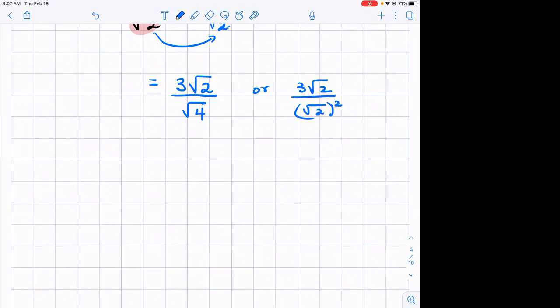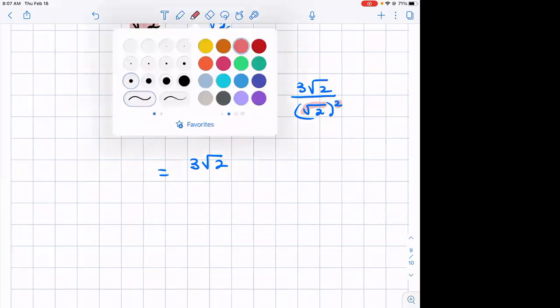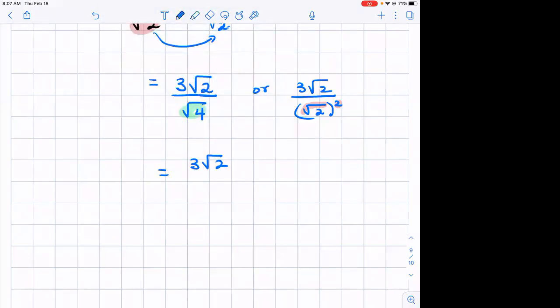You have seen that this 2 will cancel out this radical sign just because the root is a 1/2 power. Or you could have done it the first way, the square root of 4, which is 2.